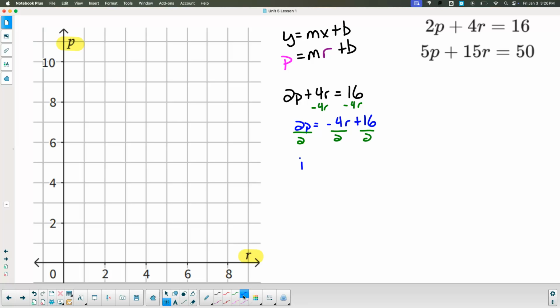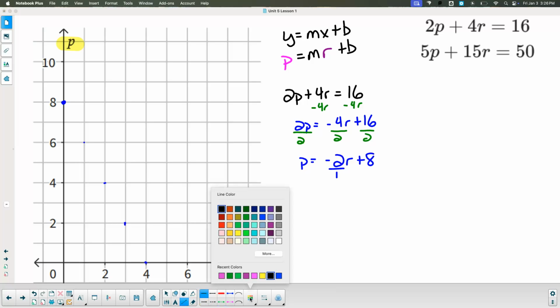That's going to give me P equals negative 2R plus 8. So my y-intercept is positive 8. My slope is negative 2, which we call negative 2 over 1. So that would be down 2, right 1, down 2, right 1.